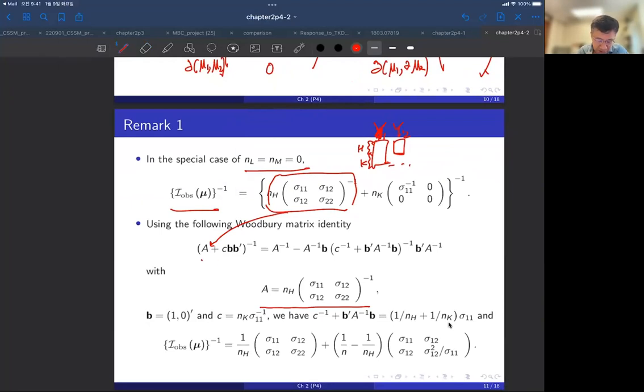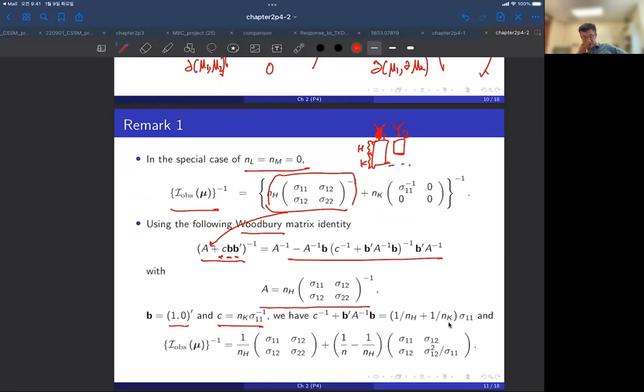So we use this matrix algebra. That is the Woodbury matrix identity, and do some matrix algebra, and then B is 1 0, 1 0, 1 0, and then C is what? This one.